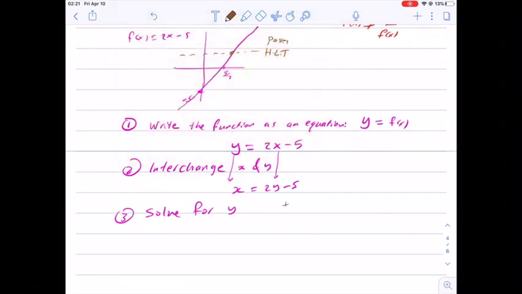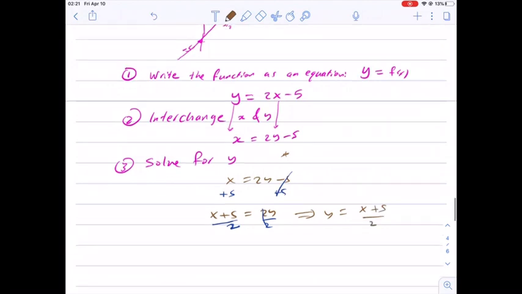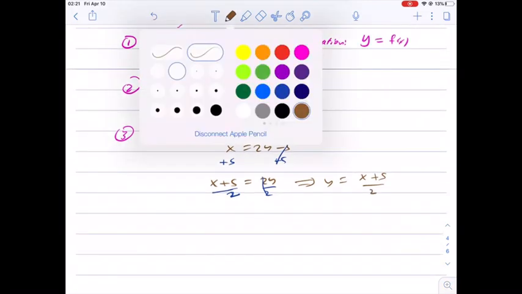Now to solve for y, let me rewrite it here: x equals 2y minus 5. So we add 5. We get x plus 5 equals 2y, and then we divide by the coefficient of y. So y equals x plus 5 over 2.